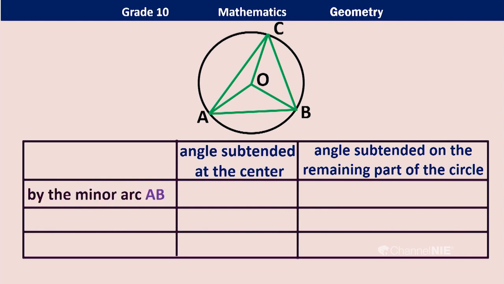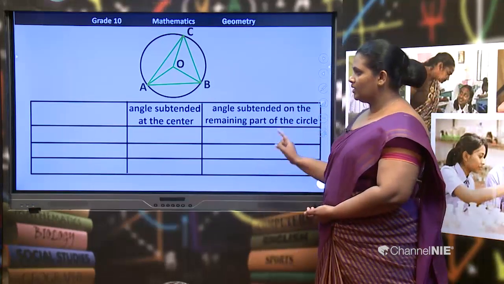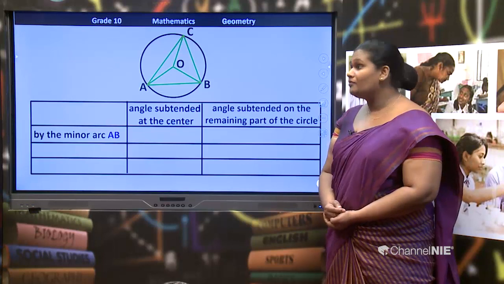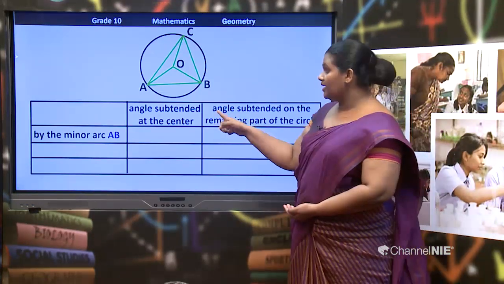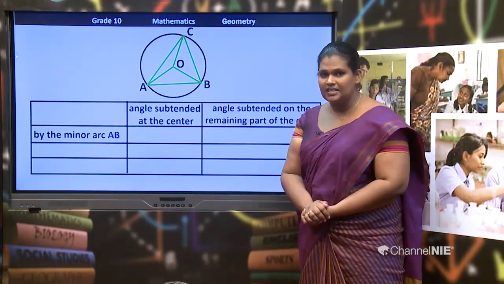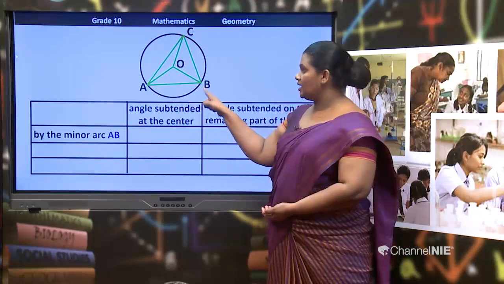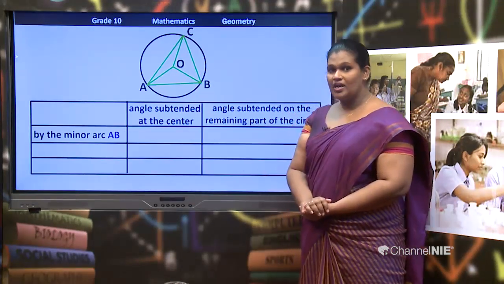Right. First one. By the minor arc AB. So, we have to consider about the minor arc AB. So, can you show me the minor arc AB? We will see. Here, this is the minor arc AB. Isn't that so? So, we have to consider about the angle subtended at the center by this minor arc AB. So, where is it?